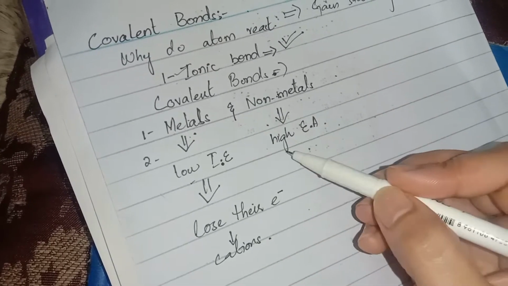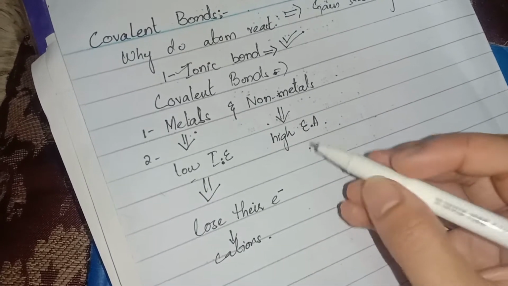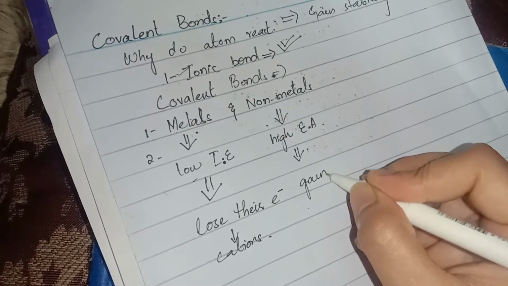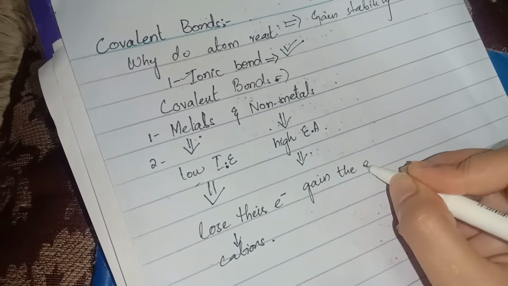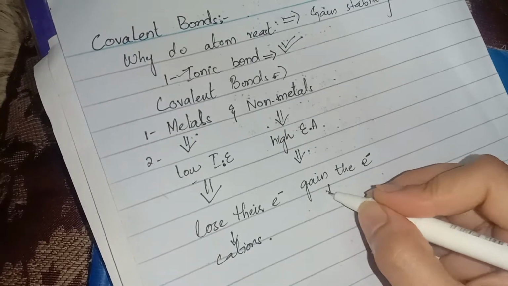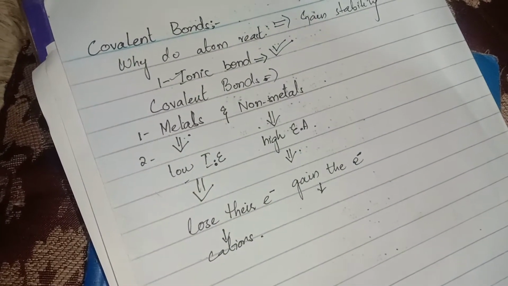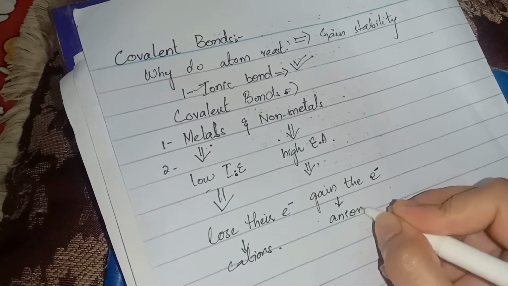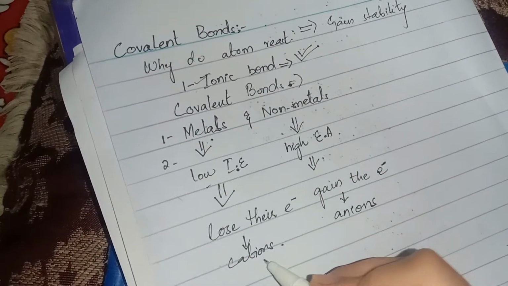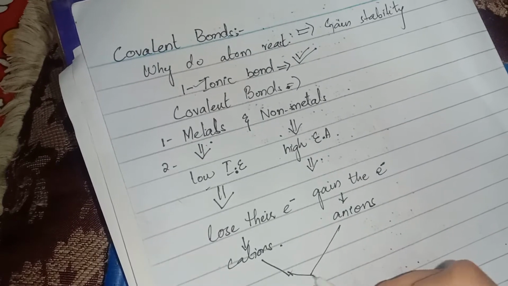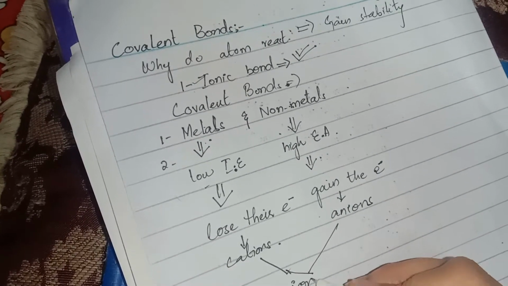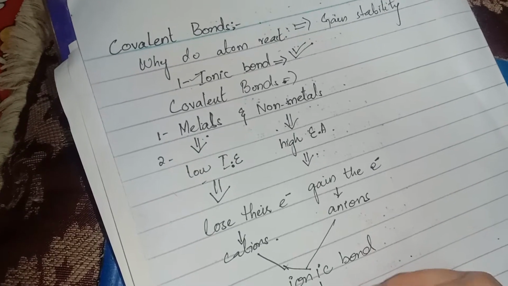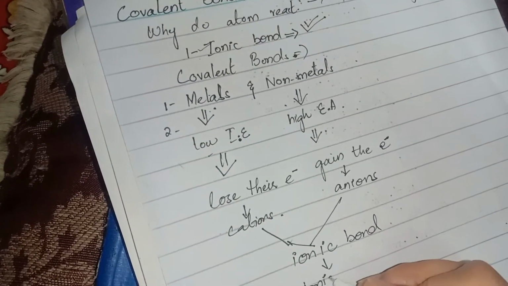Similarly, because of the high electron affinity, non-metals had extreme attraction towards the electron, and they were able to gain electrons. As they gained electrons, they formed anions. So the cation and anion attraction made them come together to form an ionic bond, or in other words, the compound was called an ionic compound.